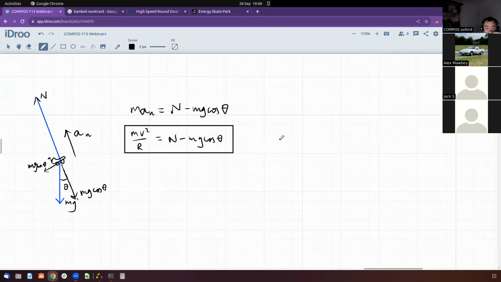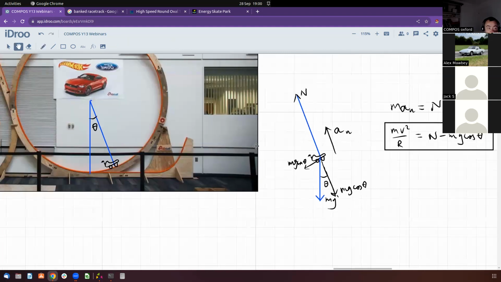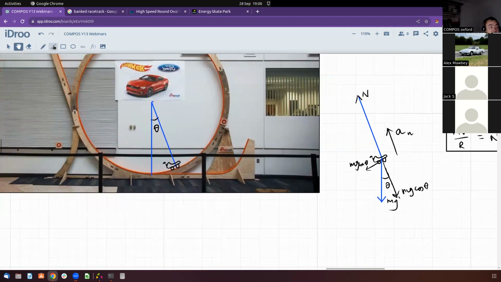So to find v, conservation of energy, we need the height of the car above the ground as well. So this is the height. Let's call it small h. Small h is equal to the radius minus r cos theta. If you don't believe me, try to work it out, because this is r cos theta, and this is also r, so it's r minus r cos theta.